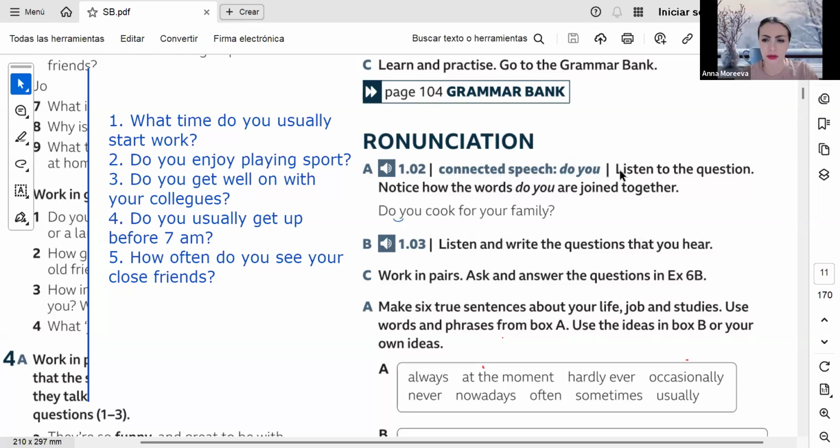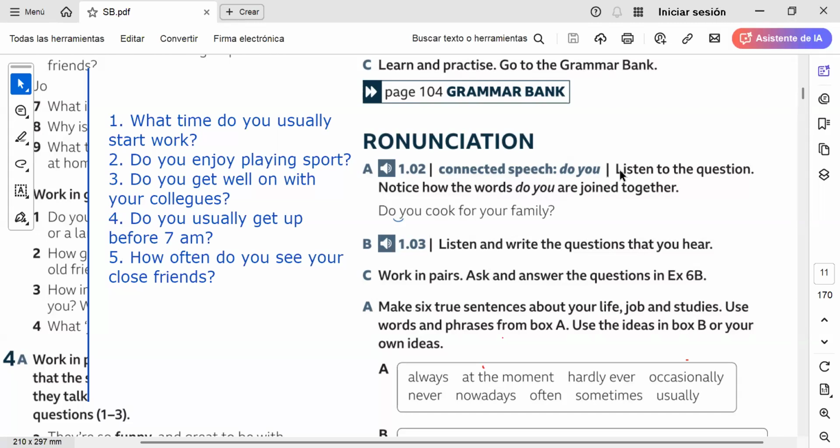Okay, thank you. Very good. Change, please. What time do you usually start work? I sometimes start work at 7 a.m. and sometimes at 8 a.m. Do you enjoy playing sport? I hardly ever play sports. Do you get on well with your colleagues?